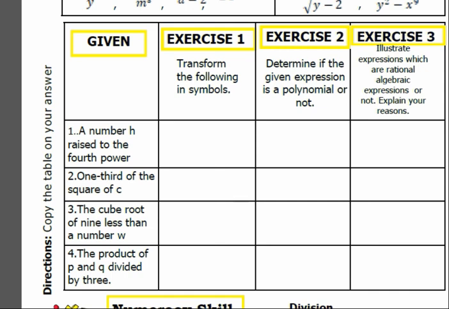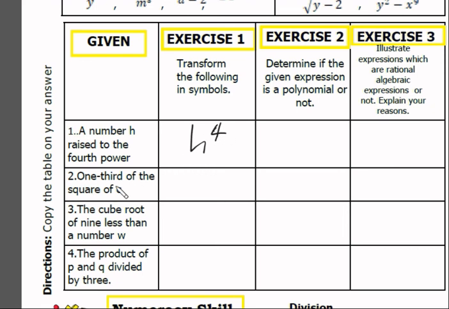For number 1, it says a number h raised to the 4th power. So we just simply write a variable h with an exponent 4. H raised to 4.